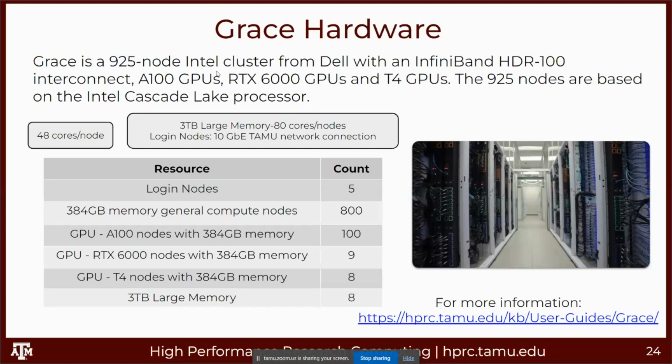Keep in mind, it's very limited on the number of GPU nodes that we have, so there may be some high demand on usage for that, so you might experience longer queue times. Alternatively, if you need a large amount of memory, we have 3 terabyte memory nodes. That is not storage, this is memory. These are with 80 cores, and again, we only have 8 nodes of that configuration as well.